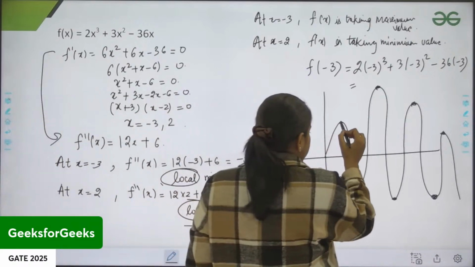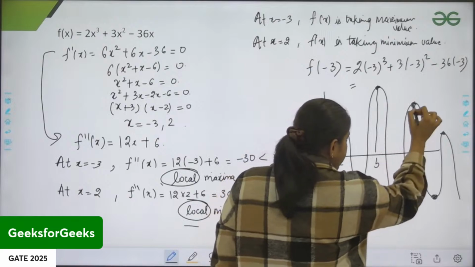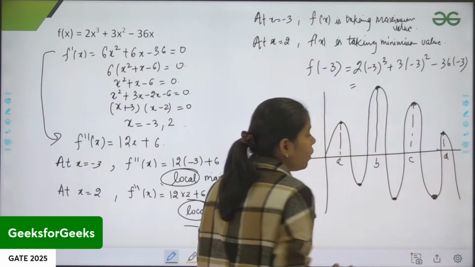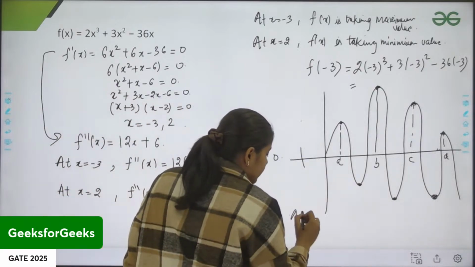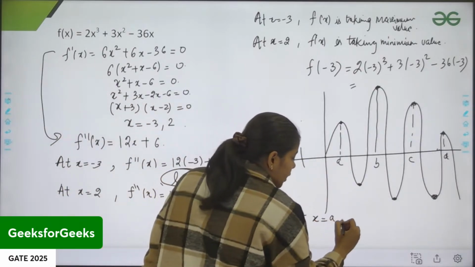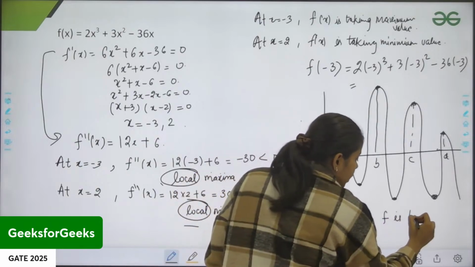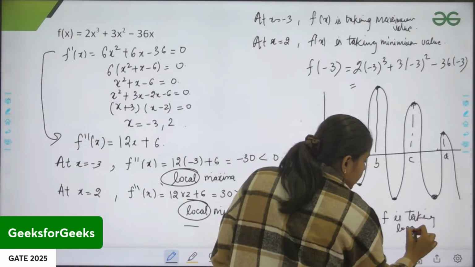If I write x equals a, x equals b, x equals c, and x equals d, then I can say that at x equals a, b, c, d, f is taking local maxima.